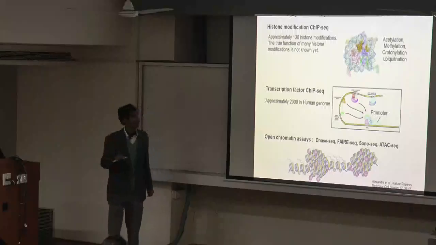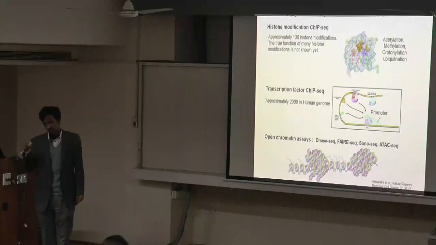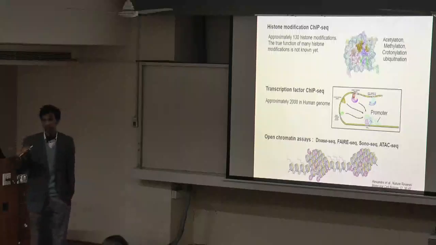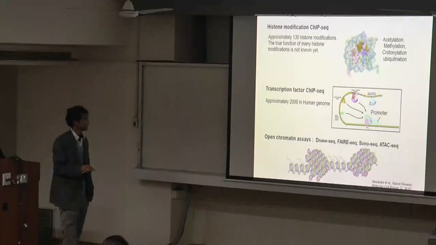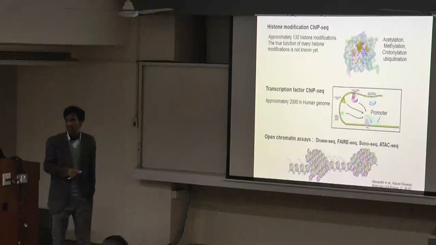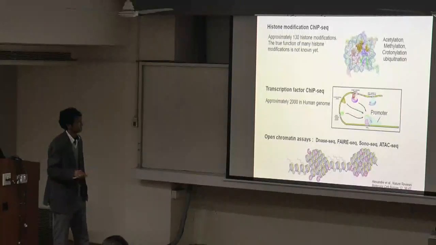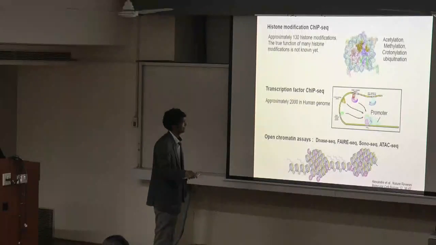When we add one more carbon to that acetylation... I can tell you, meet me after, and I'll tell you the exact chemical formula for propionylation. It was discovered very recently, and it marks active regions. I don't remember the exact formula right now.